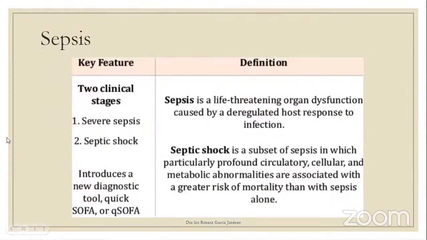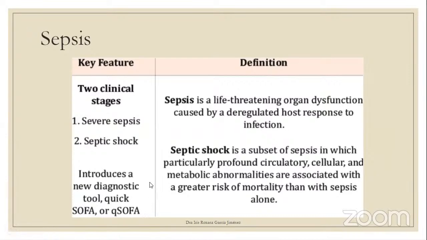Talking about sepsis, we have this extra information because it's important to talk properly. We have two clinical stages: severe sepsis and septic shock. That's the way we talk about it nowadays. It introduces a new diagnostic tool, I mean quick SOFA, or qSOFA.